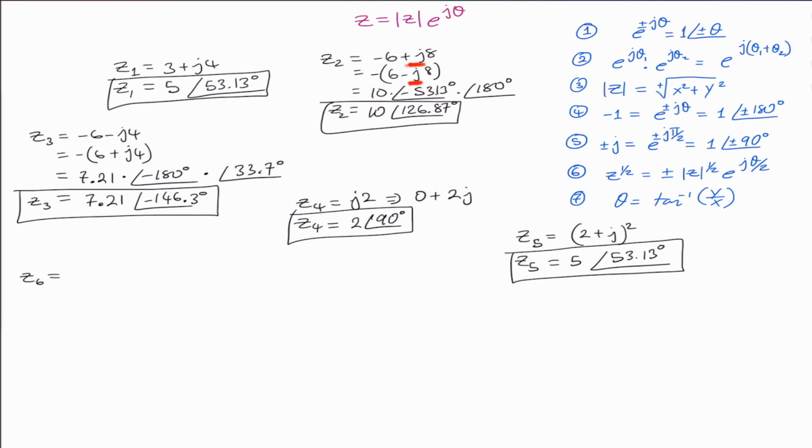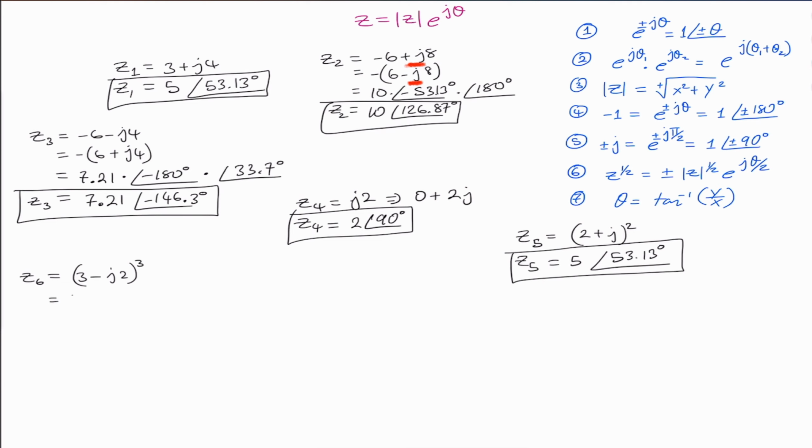We can then go ahead for Z6. Z6 is 3 minus j2, and that's cubed. We can do the same thing again. We take the magnitude and cube that, and we get 46.